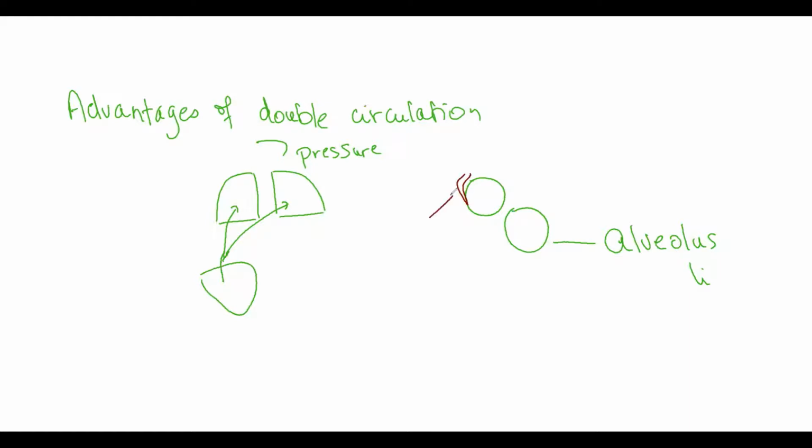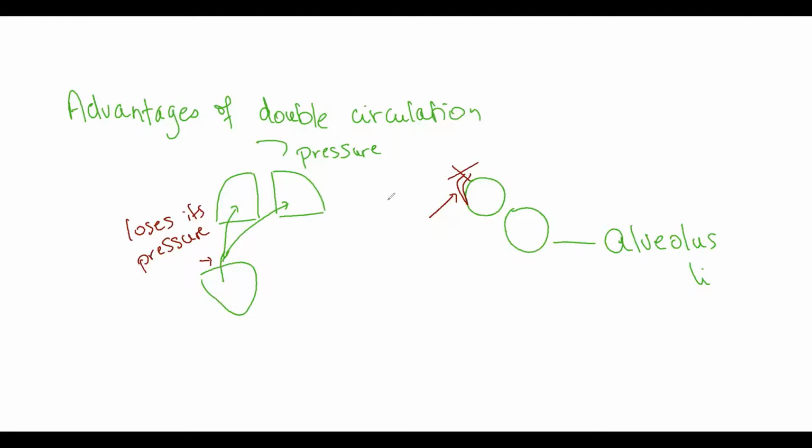If the blood enters the capillaries with a very high force coming from the heart, these capillaries are going to burst. So just before the blood enters the lungs, it loses its pressure, in order to protect the very delicate capillaries that are found surrounding the alveoli.